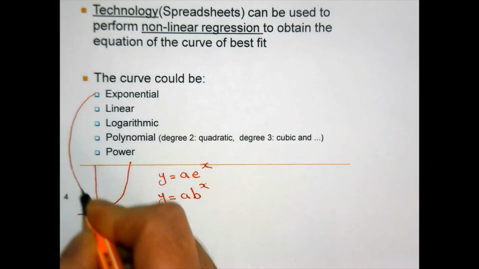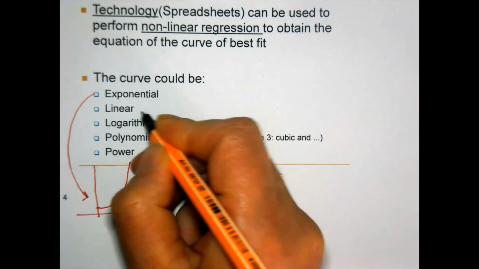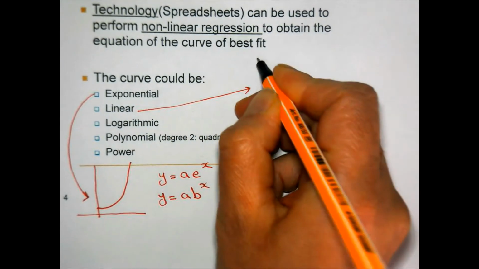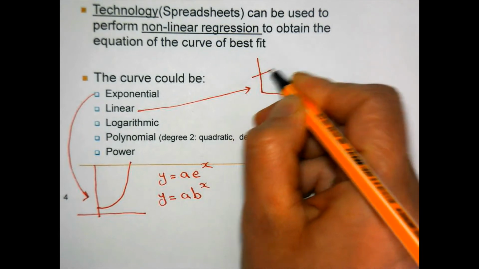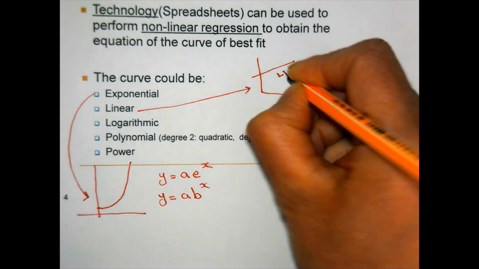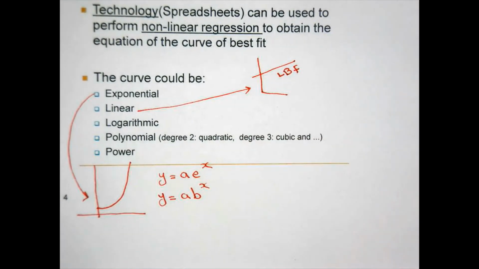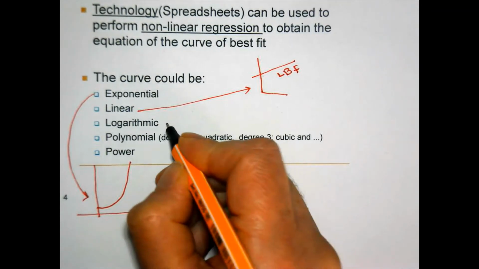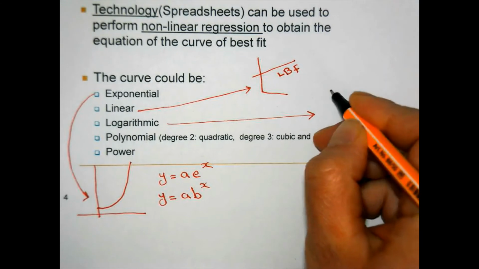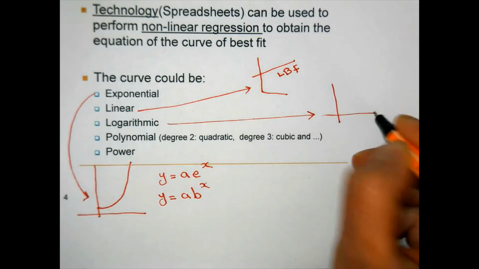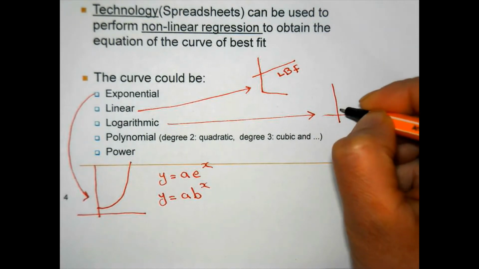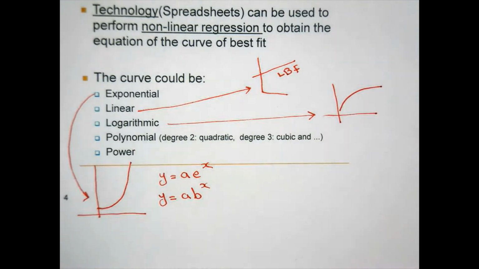So this is the exponential regression. You can always have the linear regression, which is the line of best fit. You may have some data that can be represented by logarithmic regression.